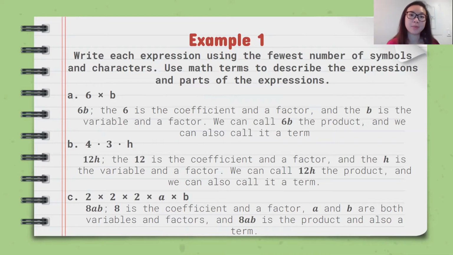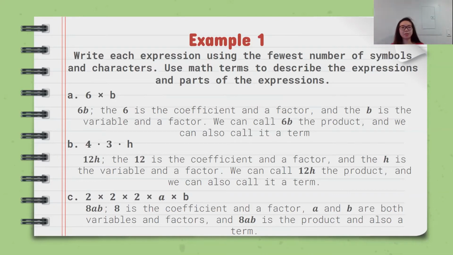So for example B, we're doing 4 times 3 times h. If you want to do that just on your own for a second, and then I'll go over how I did that. So for this one, I multiplied the two coefficients together, the 4 and the 3, which got me 12h.